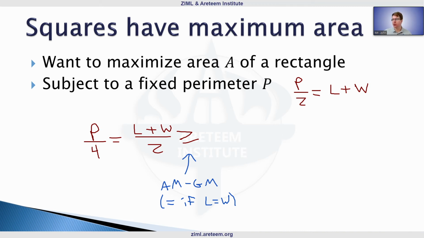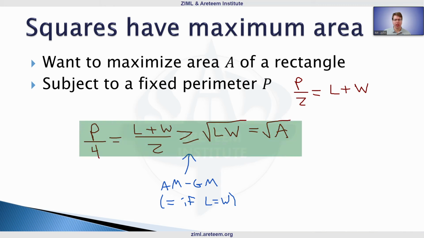So this is greater than or equal to the square root of the length times the width in this case. But note that's equal to the square root of the area. So we have this equation here given to us in terms of perimeter divided by 4 is greater than or equal to the square root of A in this case. So that's our formula here.